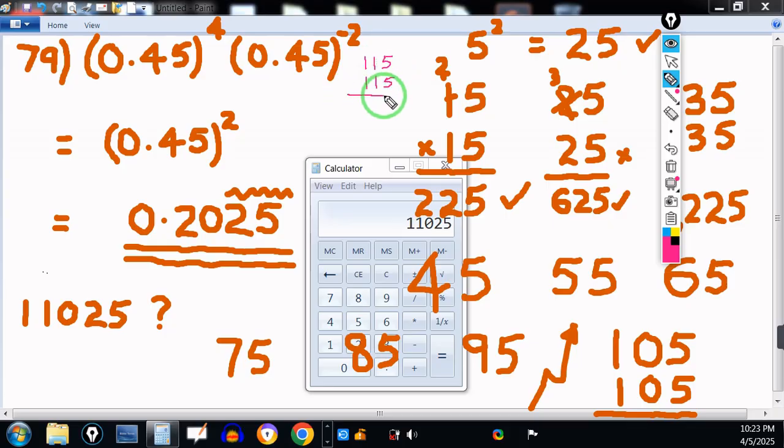And then you go, 5 times 5 should be 25. 11 becomes 12. 12 times 11 will be 132.